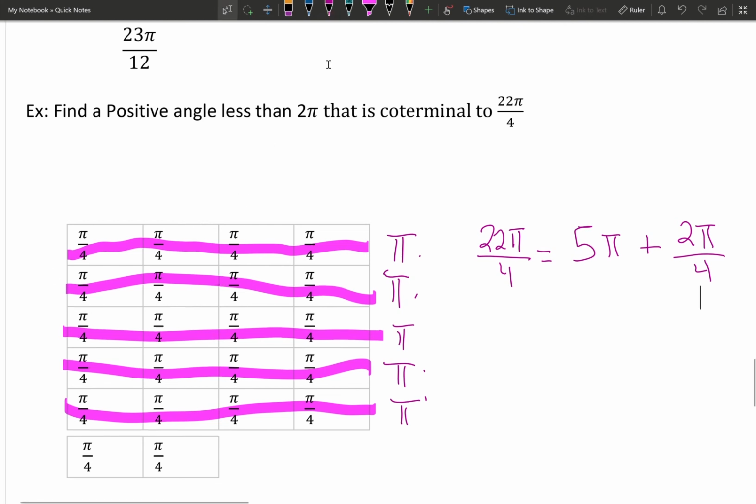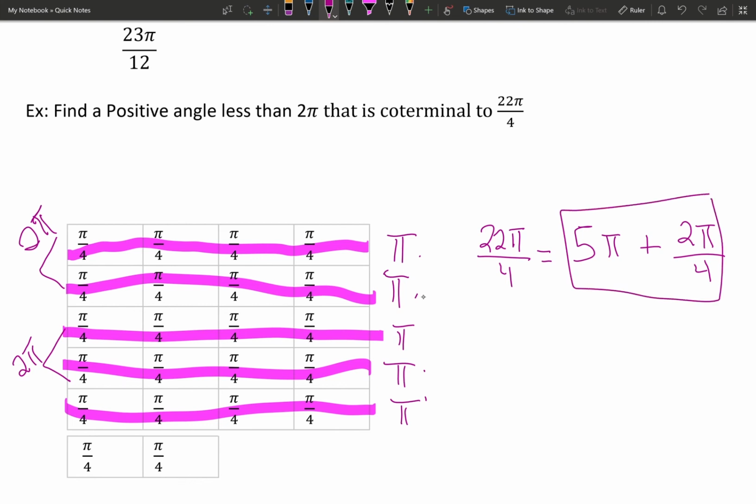So what would be my coterminal angle? My coterminal angle would be taking away as many 2 pi's as I can. So here's 1 2 pi, right? These two rows add up to 2 pi. And then these 2 rows add up to 2 pi. So that means I could take away 2 revolutions. I could take away 4 pi. If I take this statement up here, and I take away 4 pi from it, what am I left with?